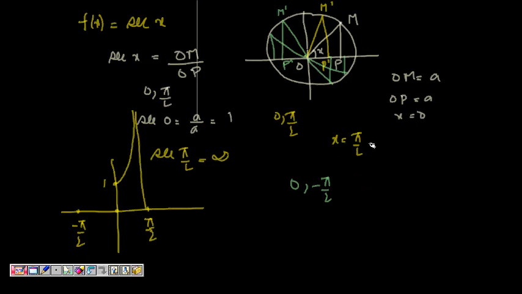So at 0 it was equal to A, and at minus pi by 2 it becomes 0 again. So this will be symmetric around this, and this will be the graph for minus pi by 2 to pi by 2.